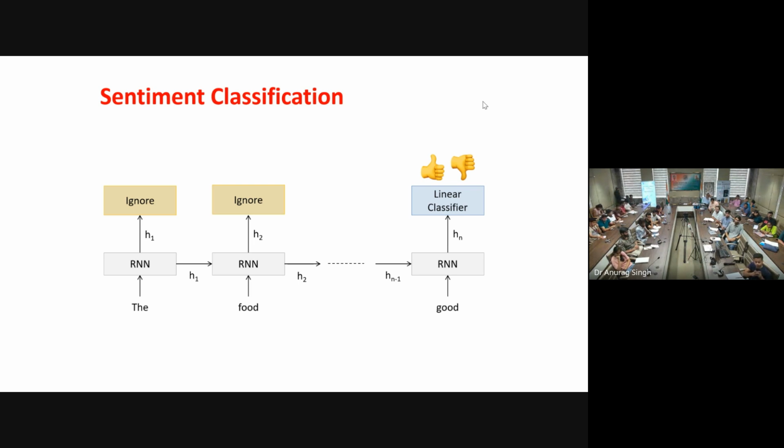The quality of the food is good or bad. Here I am not interested in the output here. I am interested only in giving this output. So at present, this output is ignored for this problem. The output here is also ignored. I am interested to compute only the final output.